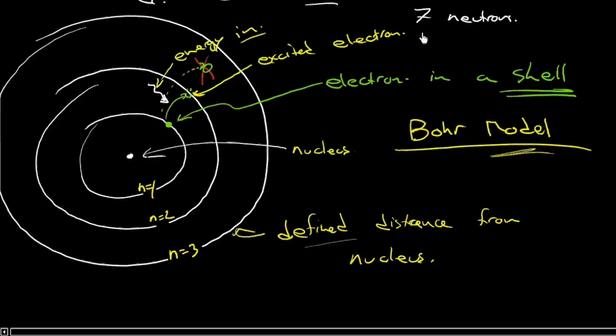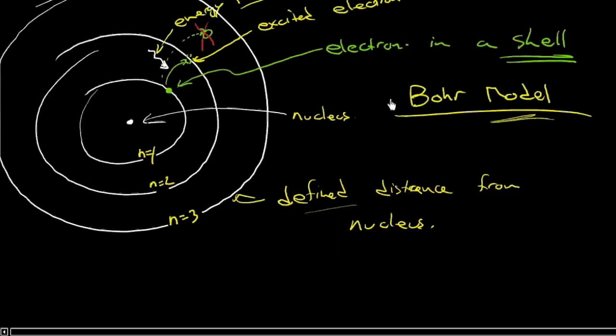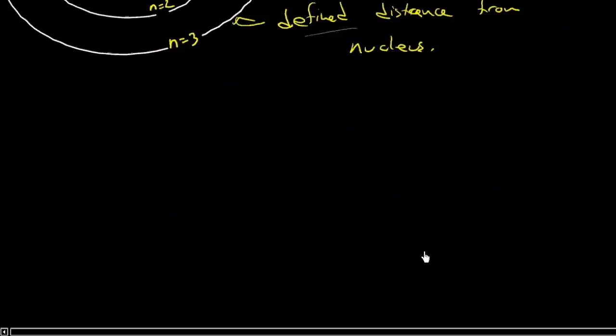How could you put energy in? Well, you could put energy in the form of electromagnetic radiation. E equals hc over lambda. So you could put some radiation in and excite an electron.